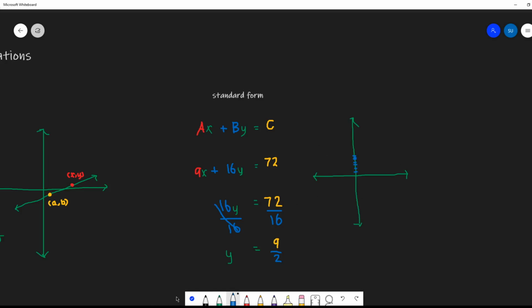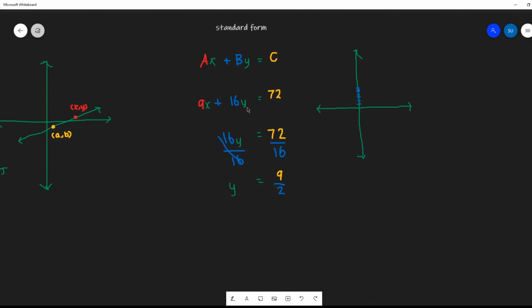And now, in order to find our x-intercept, we could do the same thing, but to the y-coordinate. So we set y equal to 0, and then we are left with 9x equals 72. Solve for x, divide both sides by 9, and you get x equals 8.